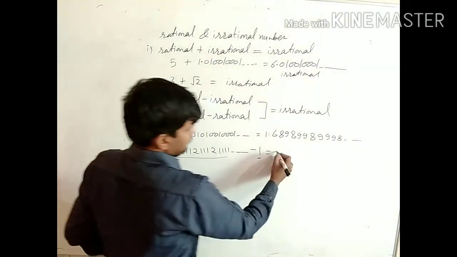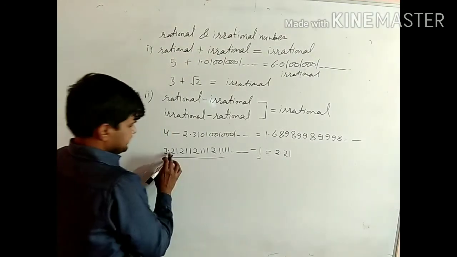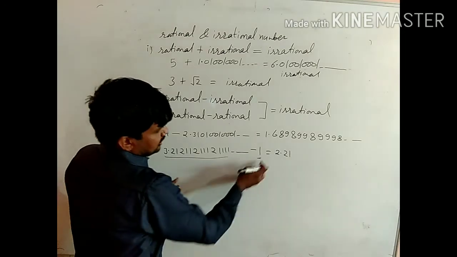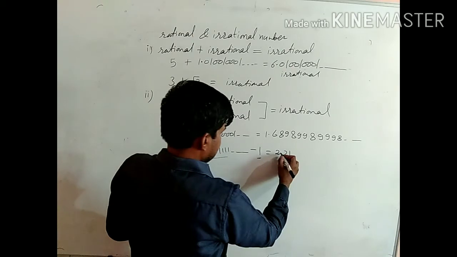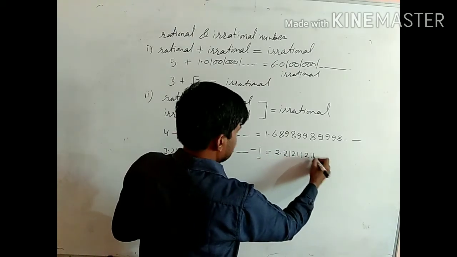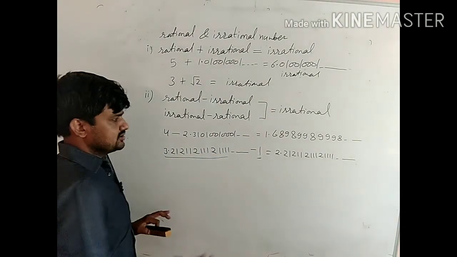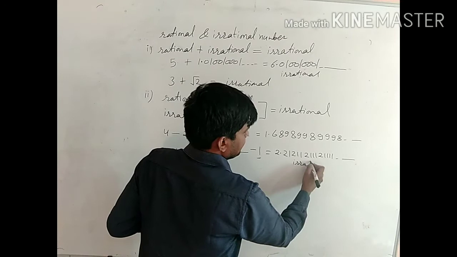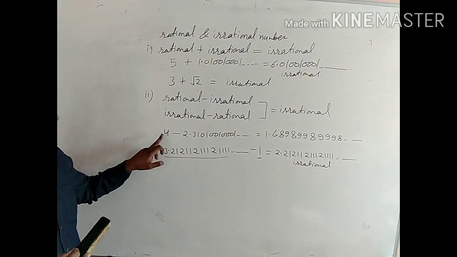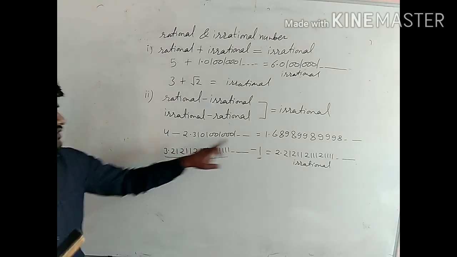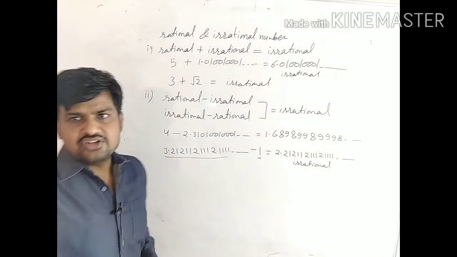So here we get 2.2112112112 and so on, as 3 minus 1 is 2 and after the decimal the rest stays the same. This number is irrational. So if we subtract an irrational number from a rational number, or a rational number from an irrational number, we get an irrational result.